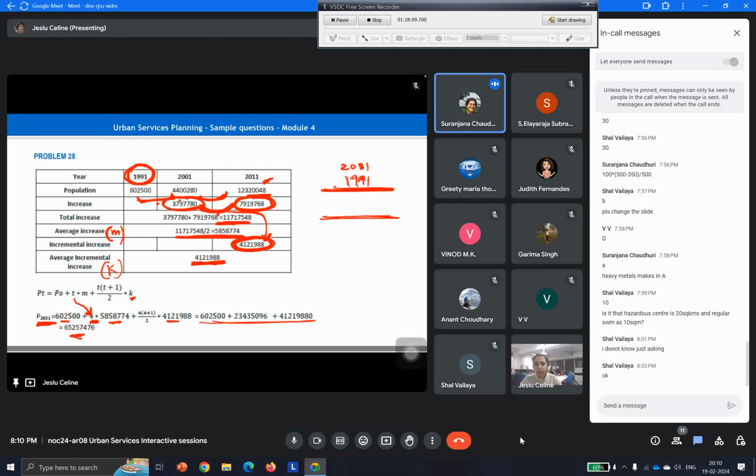Yeah, you're right. Usually it's the last one which is taken because that gives more accurate results, because you know what growth has happened. But there are some textbooks which refer to the first year also.